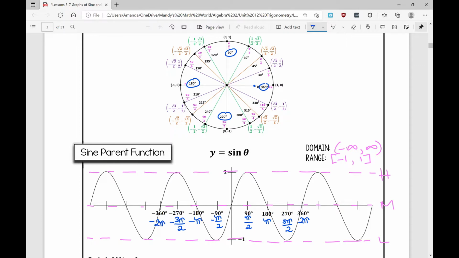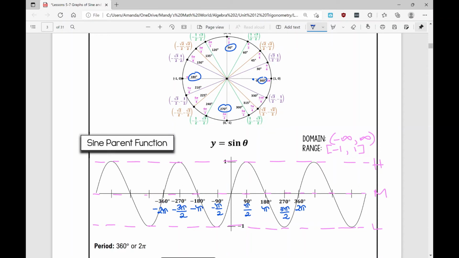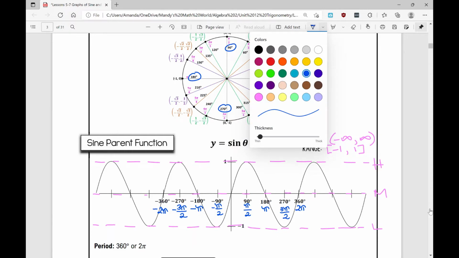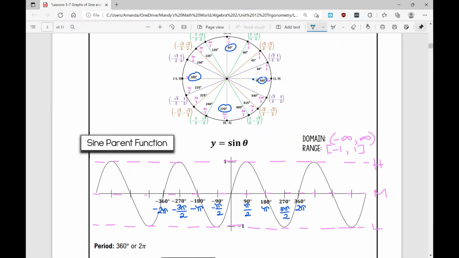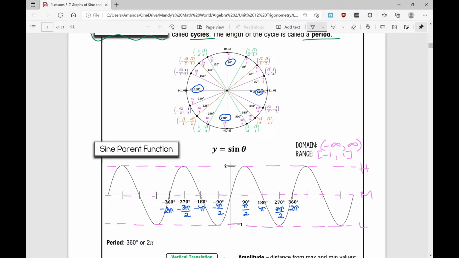So how do we come up with this particular pattern, this sine parent function, on our coordinate plane? I want you to notice the pattern. I'm going to put some points on this graph so you can see how we use the unit circle to create this parent sinusoidal function. The first thing is, recall that the sine value on your unit circle is the y value.